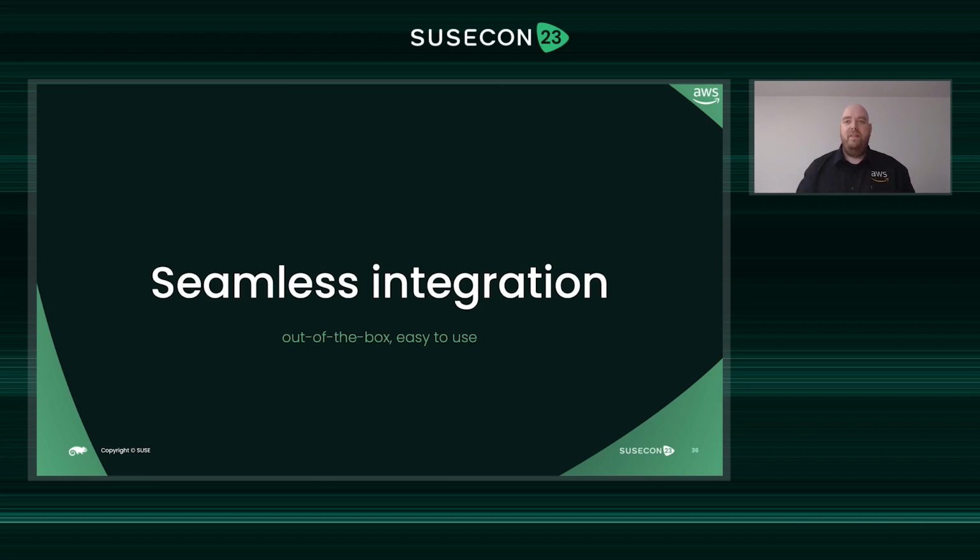So we think that leveraging AWS services together with Rancher is something that should just work. It should be well documented or even directly integrated in the Rancher UI or API. Let's put it simple. You focus on your business and we do the heavy lifting for you.